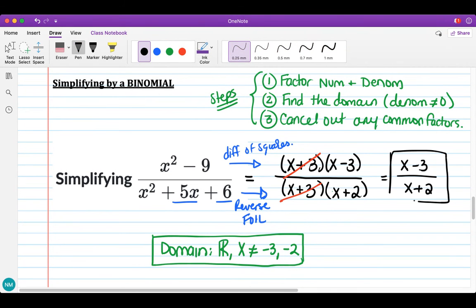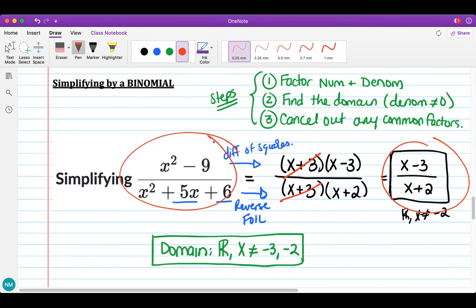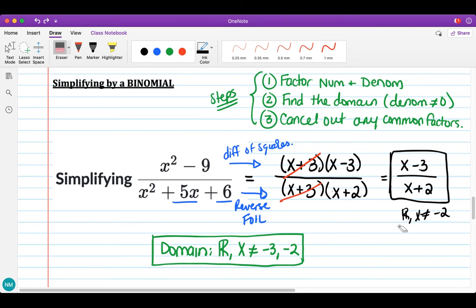One of the biggest mistakes people make is they simplify it and then they find the domain here and just say, oh, all real numbers, but x does not equal -2. Not true. Even though this and this are equivalent, technically these two things have different domains. This is the domain, this green part right here.